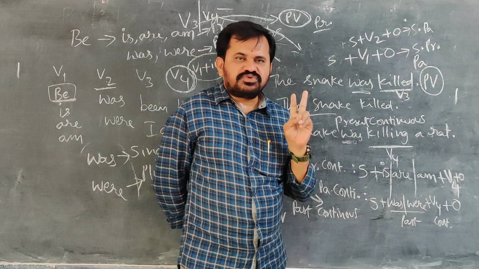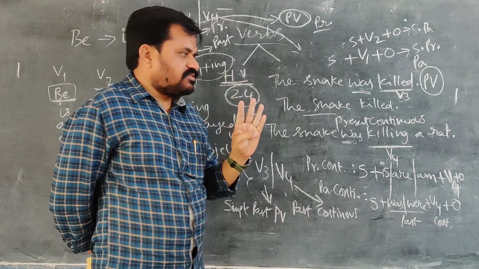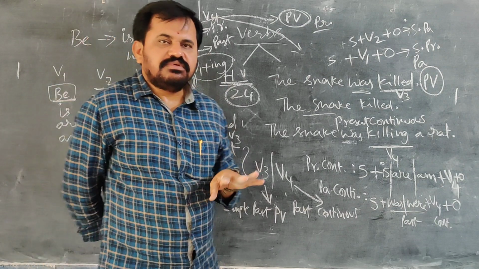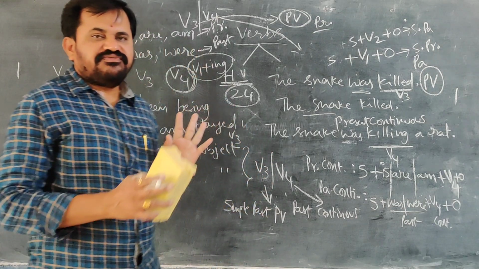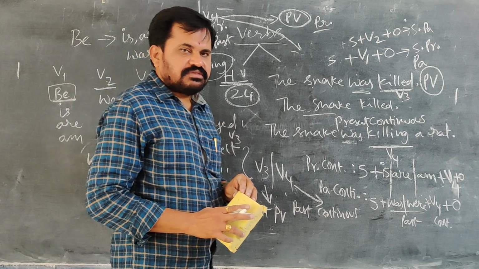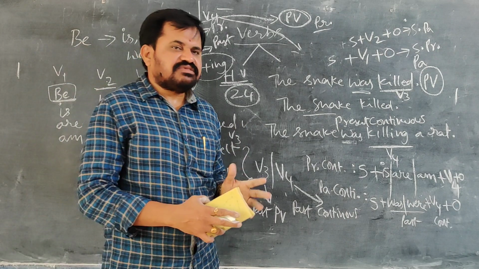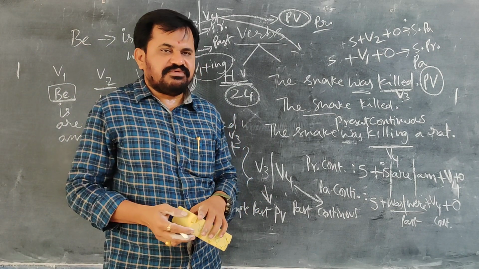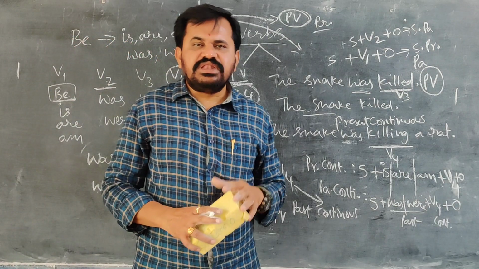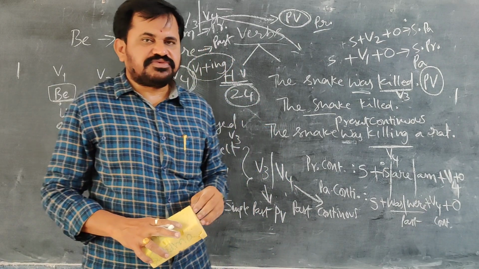So in present tense two, in past tense two again. In total we learned four tense structures here with the help of this be forms rule. When we complete this and go to the other helping verbs, tenses will be formed there also.